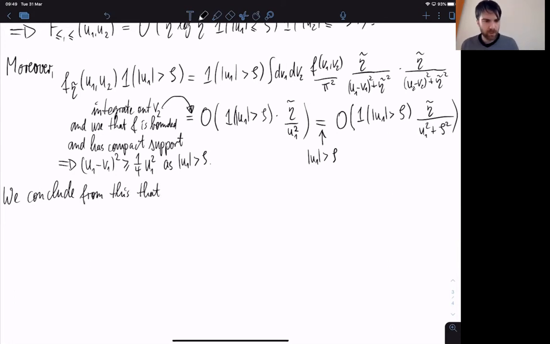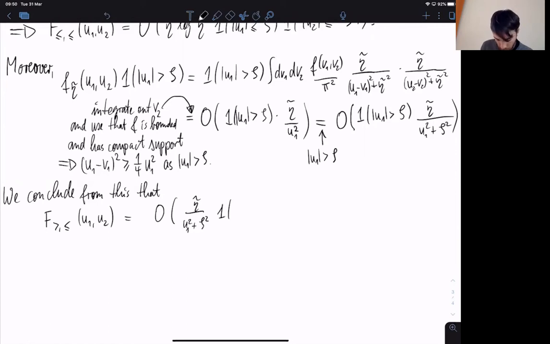From this estimate, we get some information about these other f's. If you look at the definitions, f bigger-smaller is of order eta tilde U1 squared plus zeta squared, and then I have these two characteristic functions, so U1 is big and U2 is not too big.